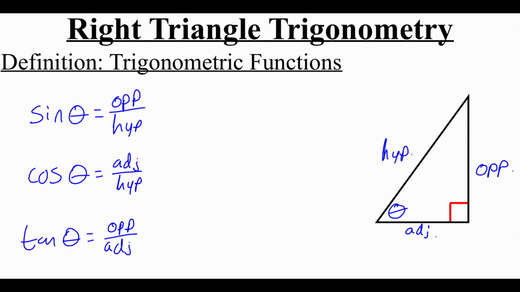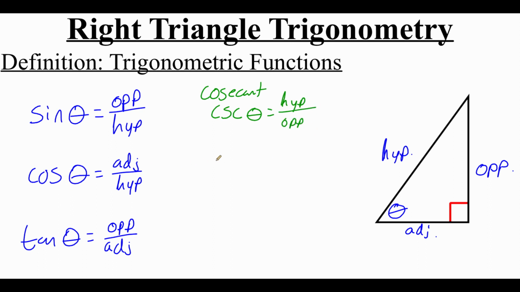But there are a few other trig functions that are related to these basic trig functions. They end up being the reciprocals of these three original trig functions. The reciprocal of the sine is called the cosecant, which we abbreviate as CSC. So the cosecant of theta is the hypotenuse over the opposite.